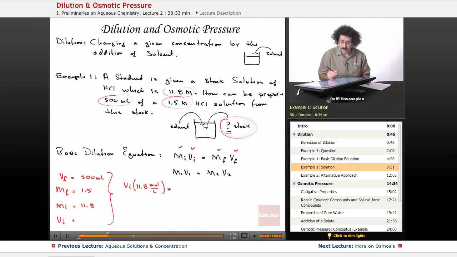That's the initial volume, and molarity is equal to the final volume, which is going to be 0.500 liters, because we're dealing with moles per liter, so the units have to match so that they can cancel. And the final volume, that's this one, the molarity is 1.5 moles per liter.